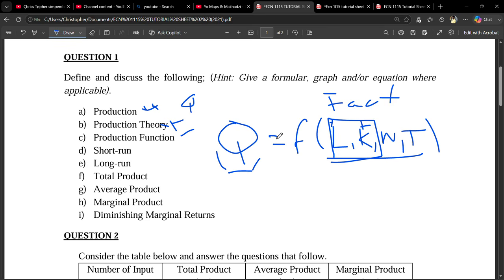In the short run, a firm will have one thing varying, and mainly it is labor. Capital will be constant: houses, the building, machineries. A firm cannot always buy machines all the time, so we say these things are constant.